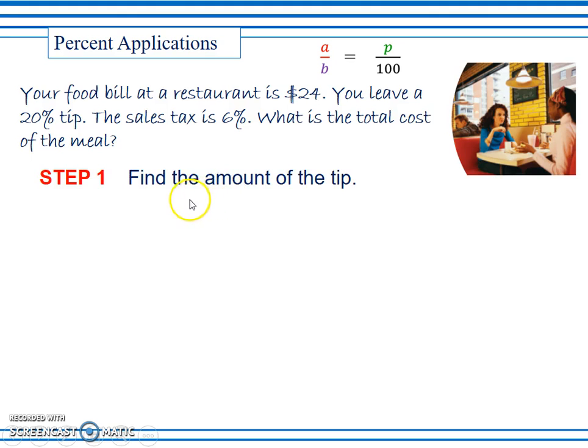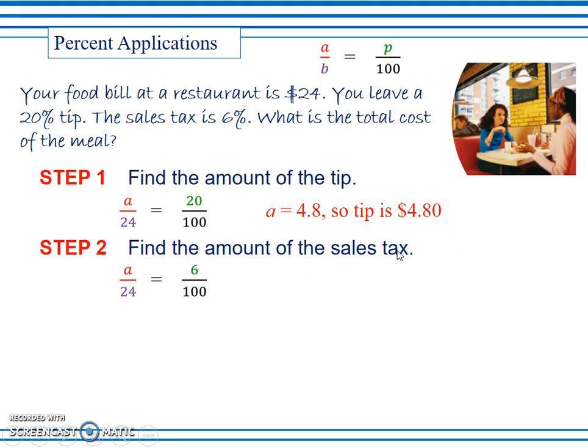So first, we're going to find the amount of the tip. We know that it's 20%, and we know the total is 24. So the money they're going to spend on the 20% tip is $4.80. We used our proportion to find that out. Then we're going to look at our sales tax. 6% of 24 turns out to be $1.44.